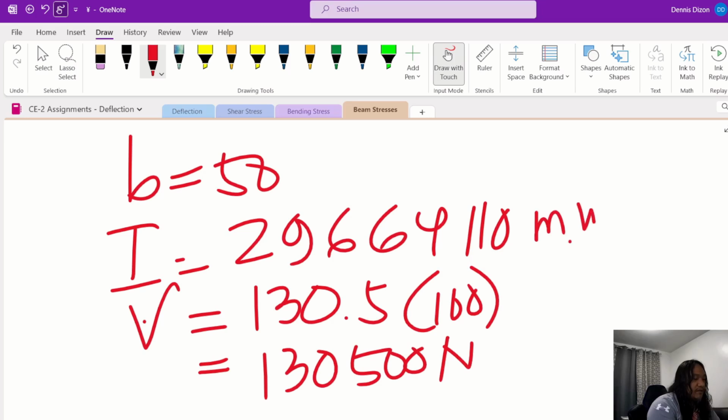This is millimeter to the fourth, and this is millimeter.